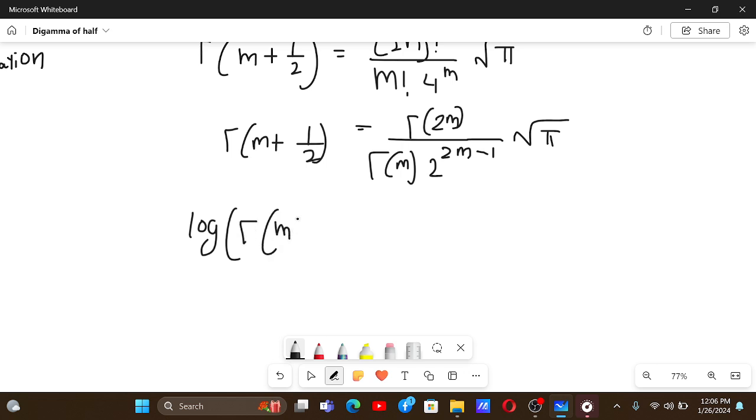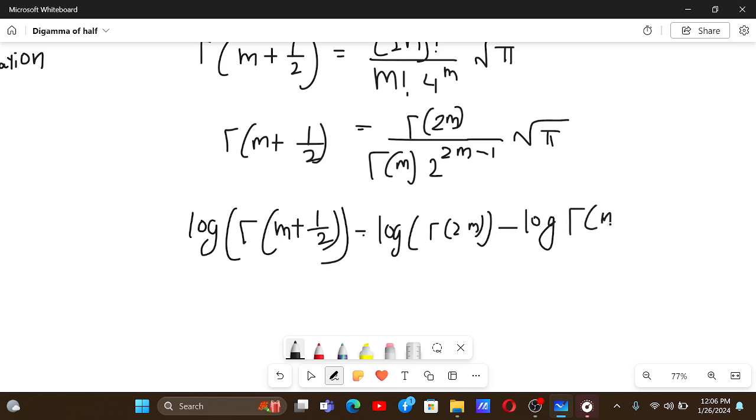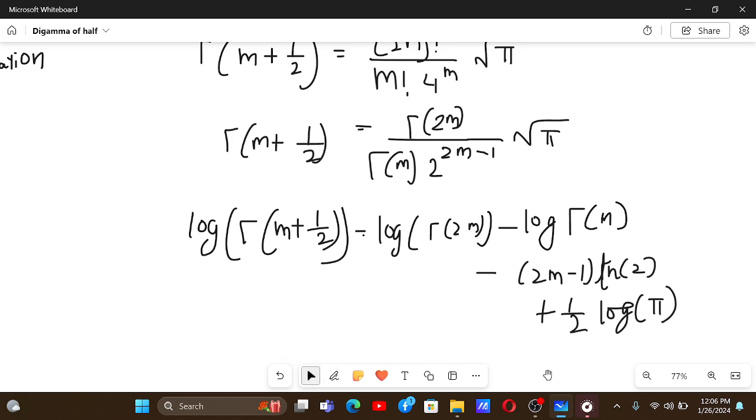That gives us log of gamma of m plus 1 by 2 equals log of gamma of 2m, minus log of gamma of m, minus (2m minus 1) log of 2, plus 1 by 2 log of pi. So this is what we get when we take logarithms.